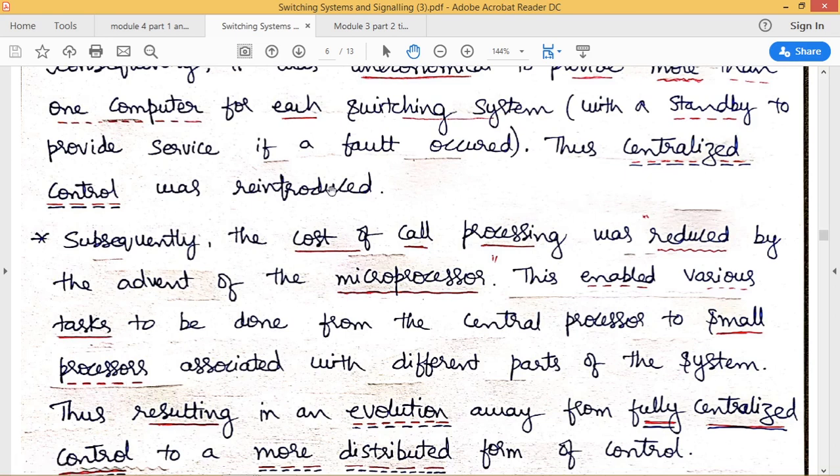Previously we were using centralized control, meaning a single computer or processor performing almost all operations. But now with the invention of microprocessors, we have gone back to distributed systems where different small processors are used to perform different operations.